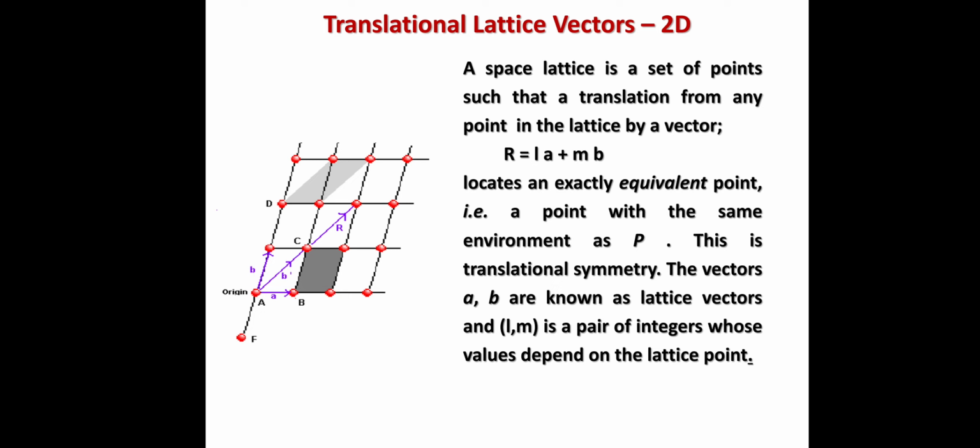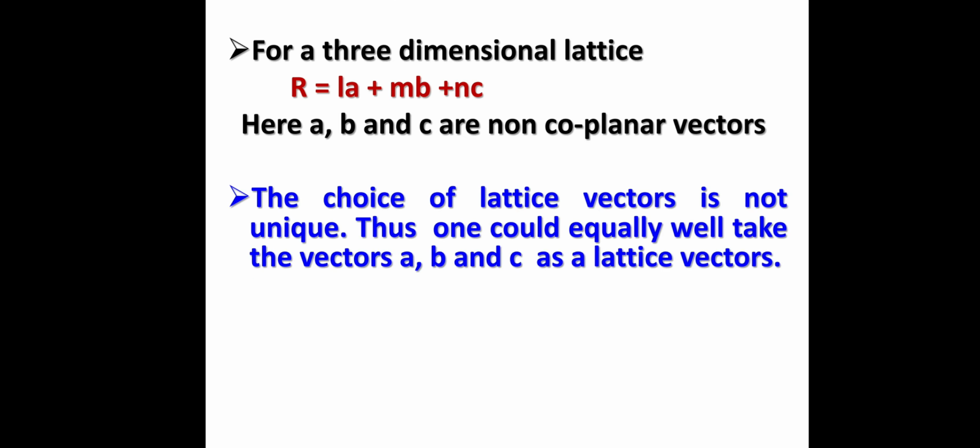So A and B are the vectors along x and y directions respectively, and L and M are integers, representing how many times in the x direction and how many times in the y direction. So to whichever lattice point from the origin you are drawing a translational vector, it is to be calculated with this equation LA plus MB. A and B are the vectors along x and y directions, and L and M are just integers.